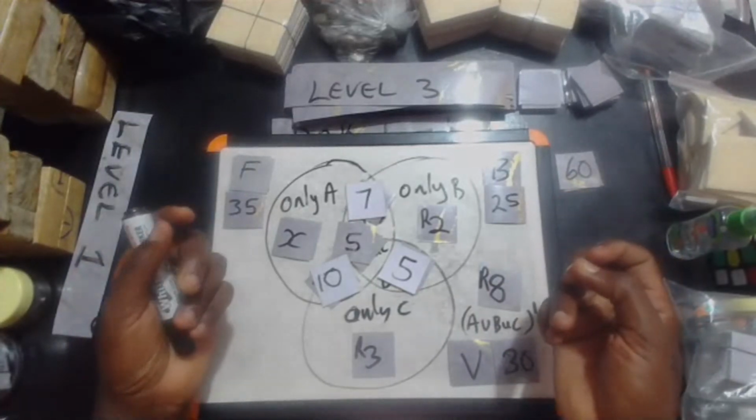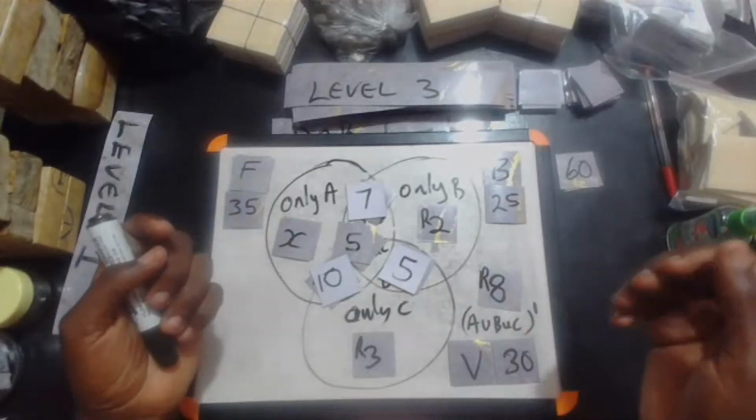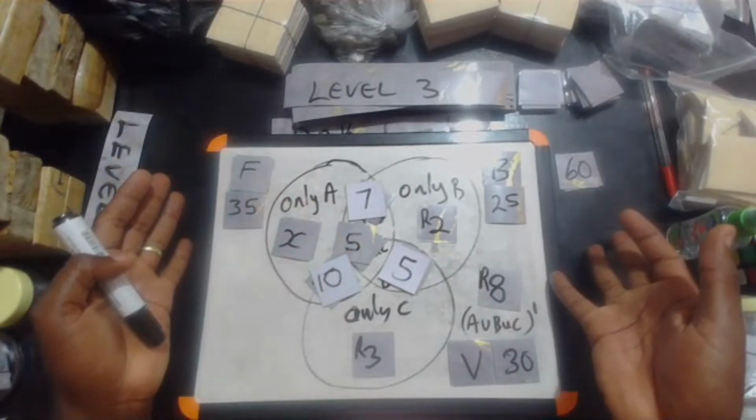In level 3, it says a coastal community conducted a survey. The survey was 100 fishermen.